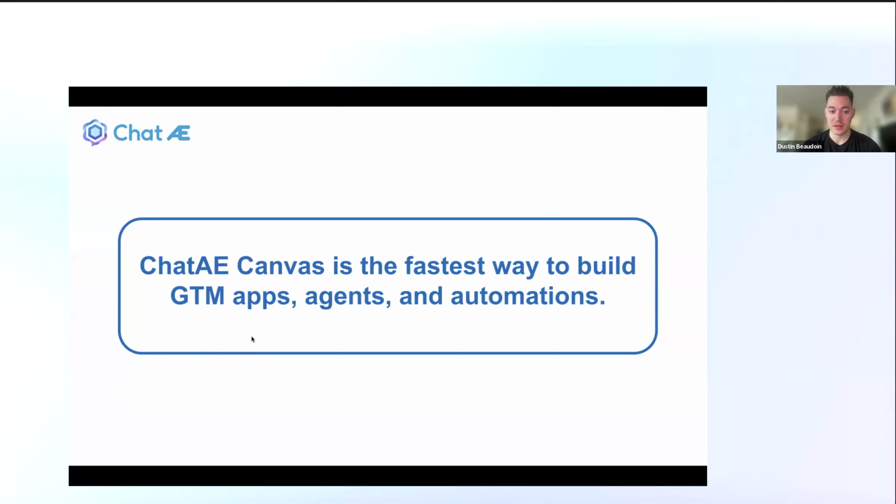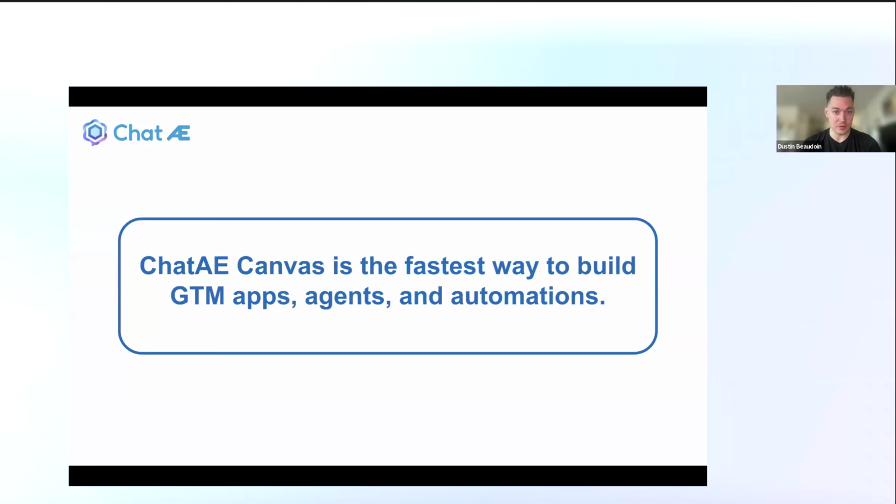When we say apps, we mean literally full-service apps, with tooling built into them, that are interactive and auto-refresh, where you have full UI control over the front end and full back-end control over what data it's plugged into and what actions it's taking.